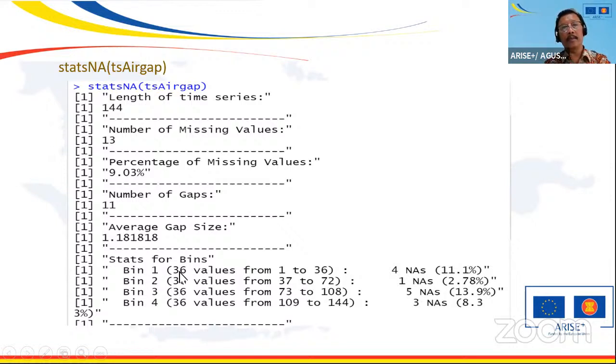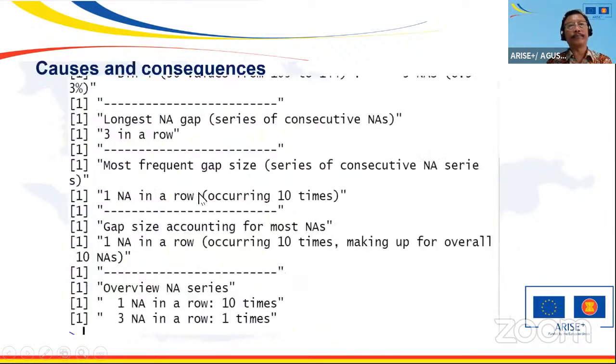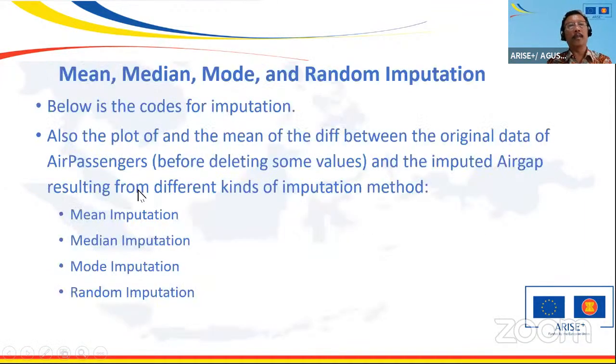Bin one has values from here to here, and there are 4 NAs. Bin 2, 1 NA, etc. This may be important if you want to see the distribution more or less. This is more information too, the longest NA gap, which may be useful.